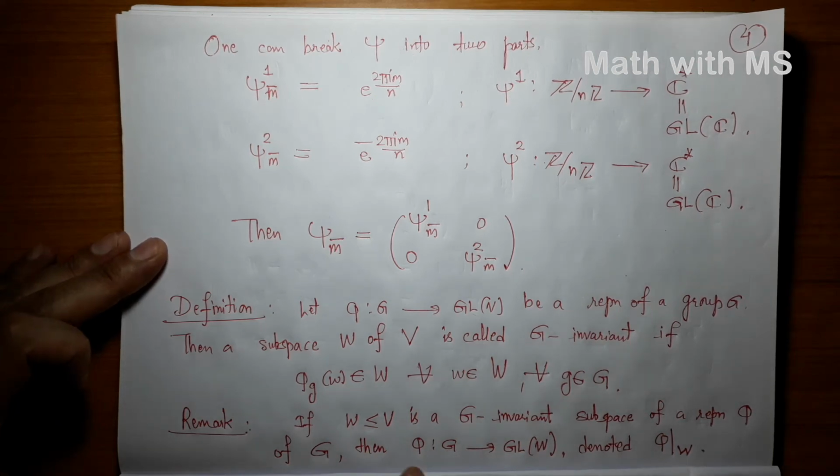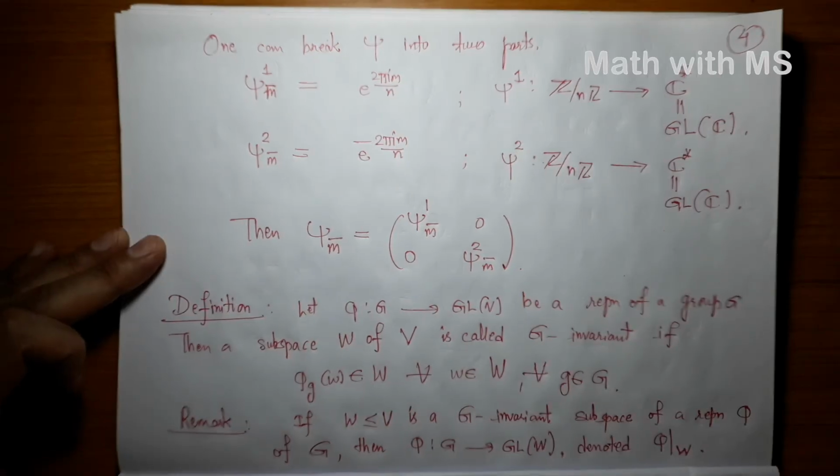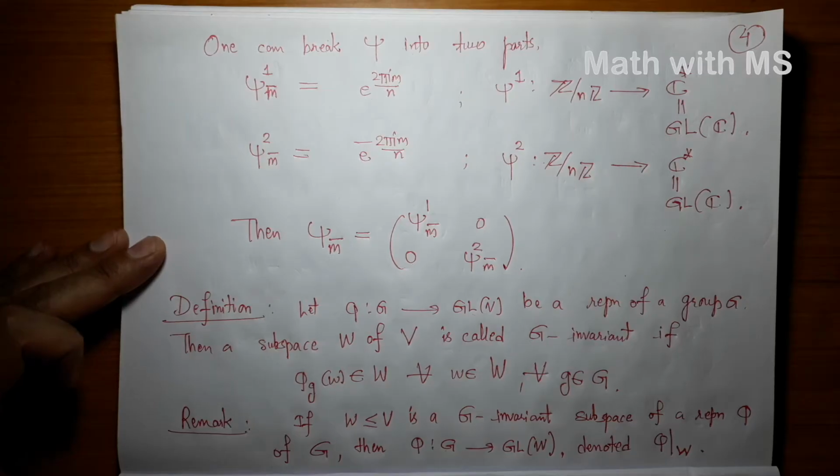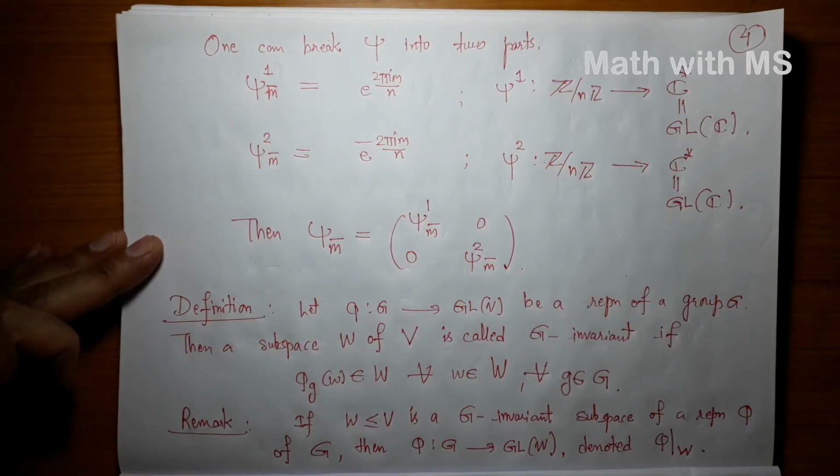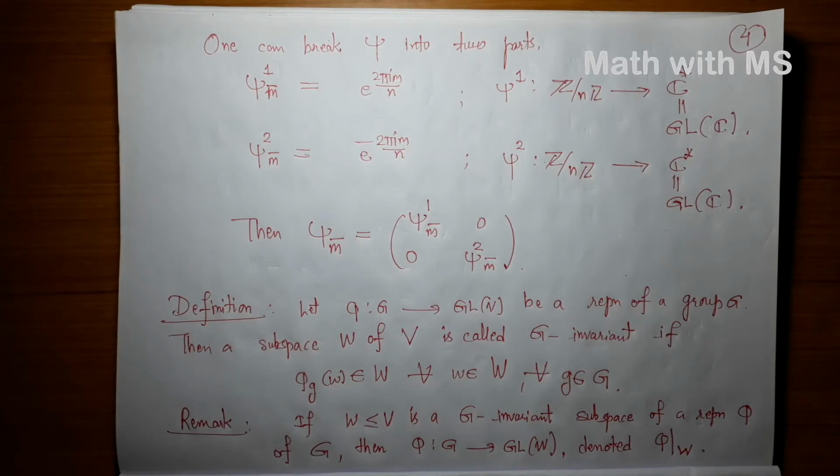This is what is called a sub-representation of G. So given a representation phi of a group G and a G-invariant subspace W of V, you get a sub-representation of that representation.